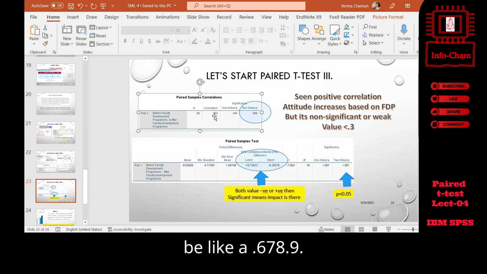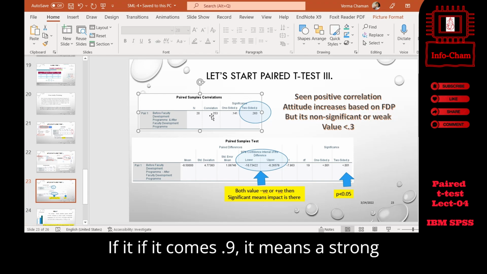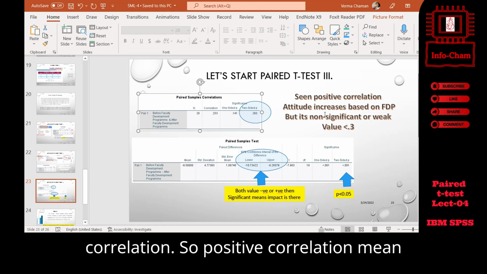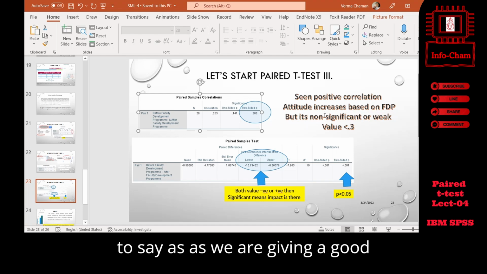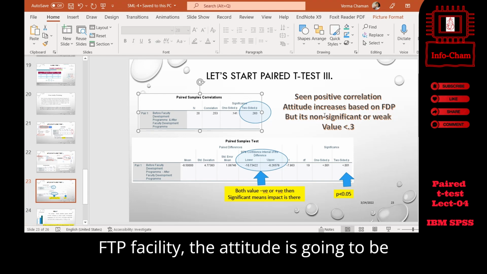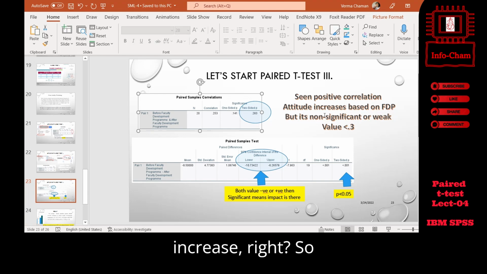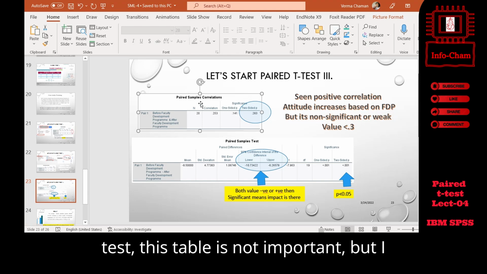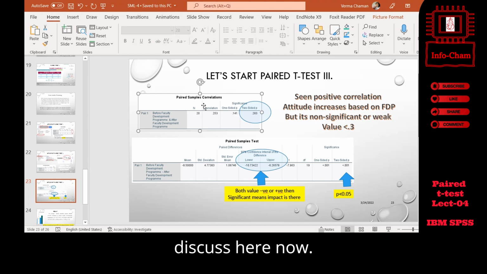So it should be like 0.6, 0.7, 0.8, 0.9. If it comes to 0.9, it means it is a strong correlation. Positive correlation means that as we give a good FDP facility, the attitude is going to increase, right? So in a paired t-test, this table is not important, but I discussed it here.